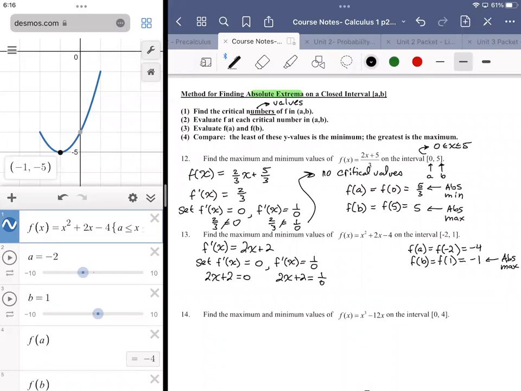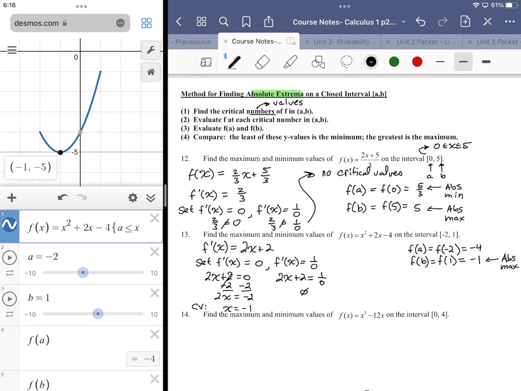You try to solve that, you're not going to get a solution, so we're not worried about this piece. But the other piece, subtract the 2. You get 2x equals -2, making x equal to -1. This is the CV, also known as the critical value.